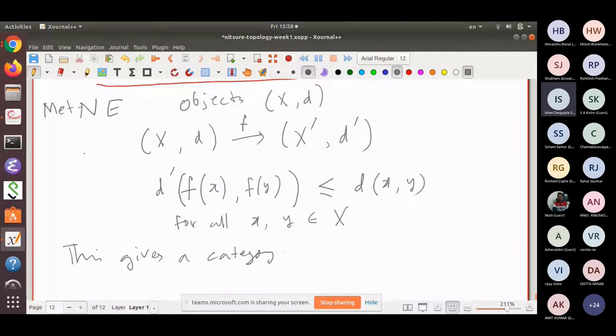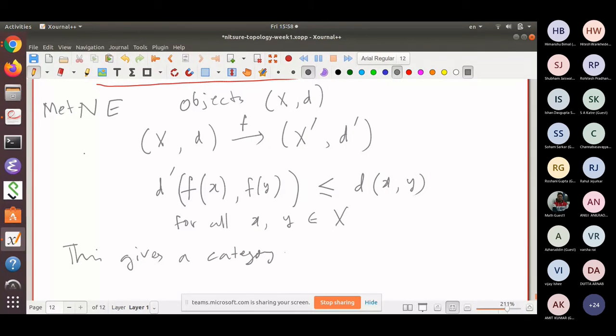You only said non-empty. You should have said something like it should have more than 2 points. Yes, of course, I mean more than 2 points. Yes, you're right. So if your metric space has 2 or more points, a constant map goes to the singleton point, the constant metric space, and the distance between that and itself is of course 0. And then there is an arrow from here to there.